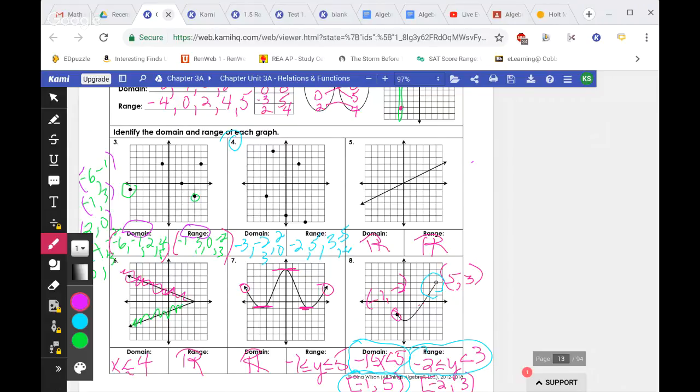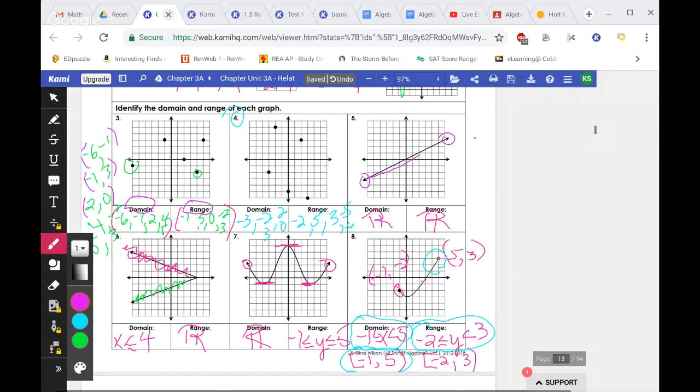So for number 5, the arrows indicate that it's going to go on forever and ever. So when it's the arrows, it's just real numbers on both sides. Nine times out of ten, that's what it's going to be. When it's a line, it's definitely that. But you've got number 6.